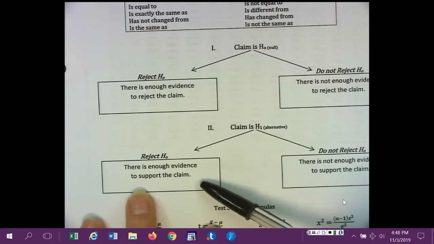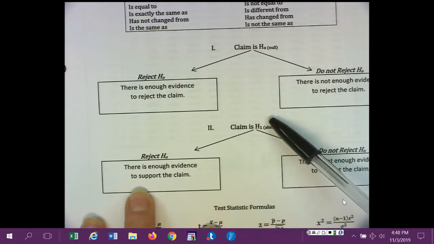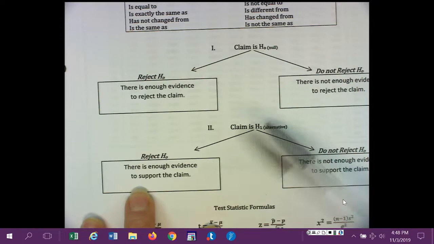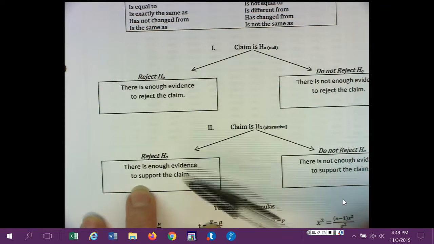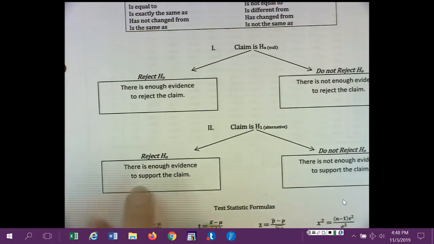There is enough evidence to support the claim that the national average differs from 36. The claim was the alternative, differs from 36. We rejected the null that said equal. We rejected the statement that said equal to 36. There is enough evidence to support the claim.